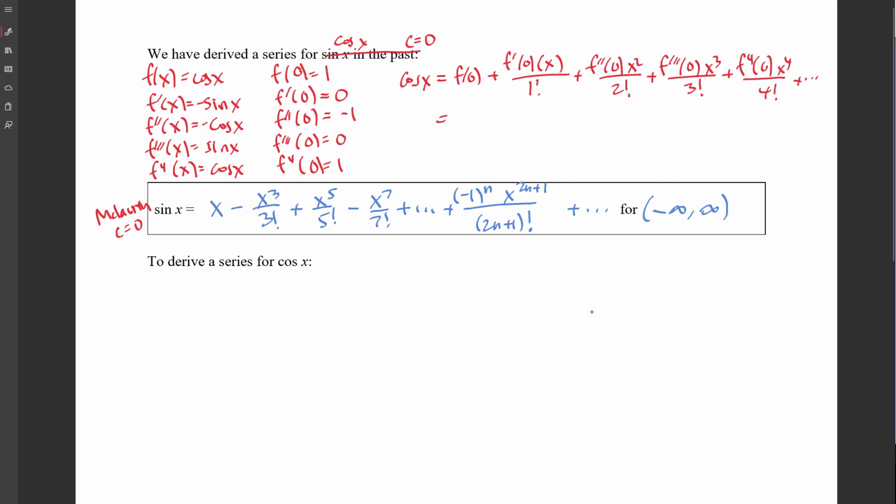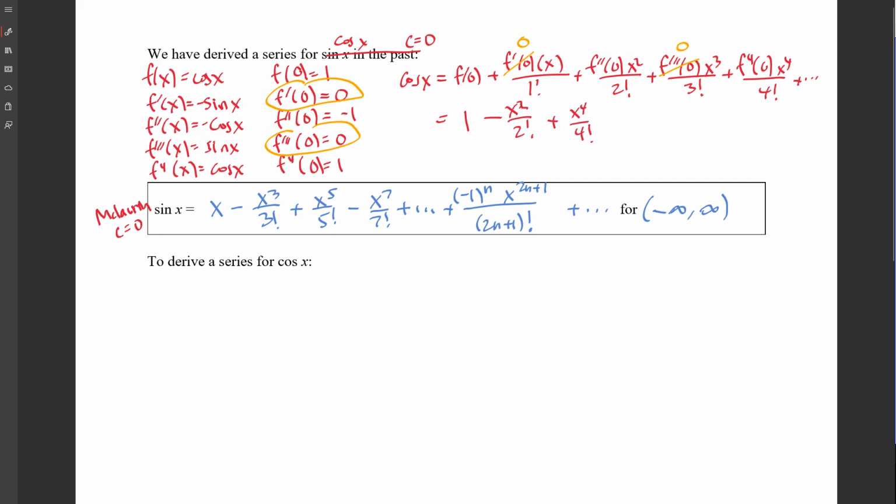And if I substitute this in, f of 0 is 1 plus, well, f prime of 0 is actually 0, so this will go to 0. F triple prime will also go to 0. So this will become negative 1 x squared over 2 factorial plus positive 1 x to the 4th over 4 factorial.